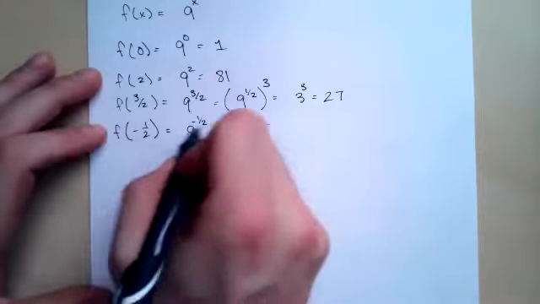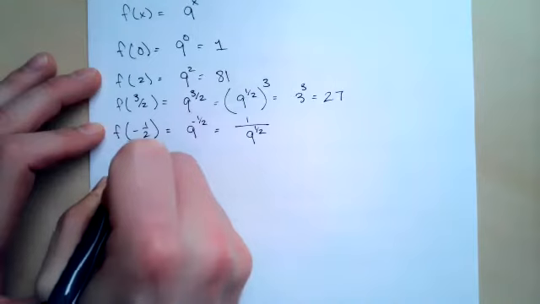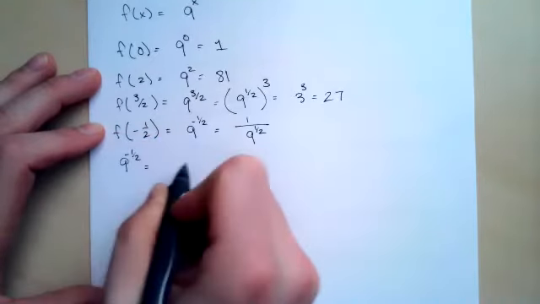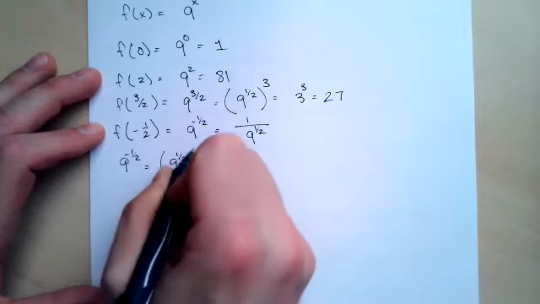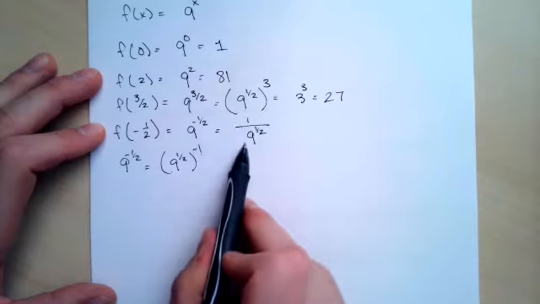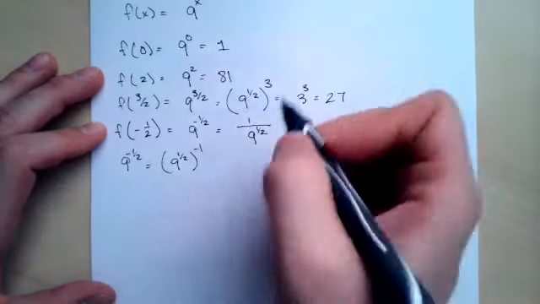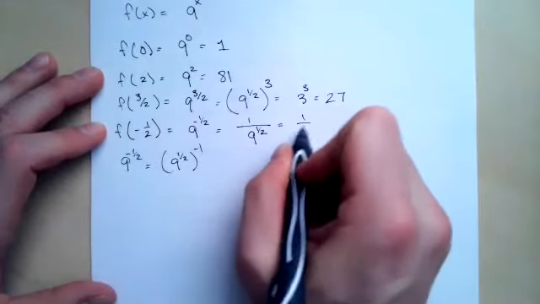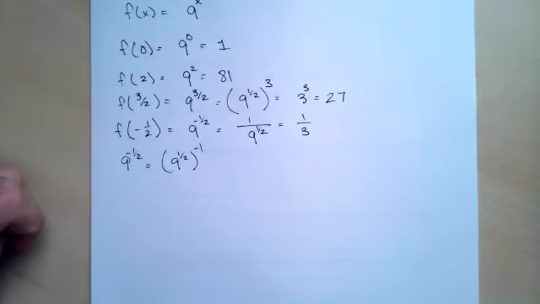If we wanted to write this out a little more rigorously, we could do it like we did in the last computation. 9 to the negative 1/2 is just 9 to the 1/2 all to the minus 1. And if I have something to the minus 1, it just means 1 divided by that. So 1 divided by 9 to the 1/2. And now 9 to the 1/2 is the square root of 9. So we'll get 1 over 3.